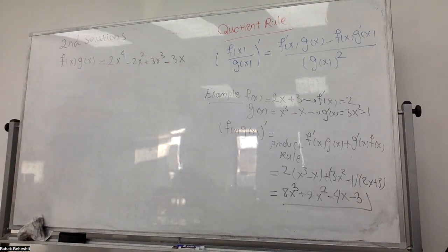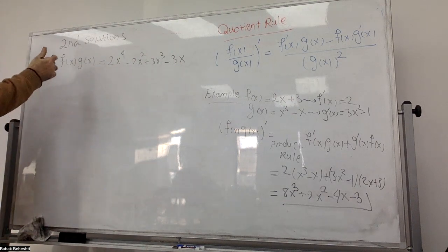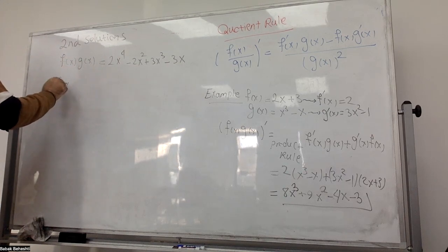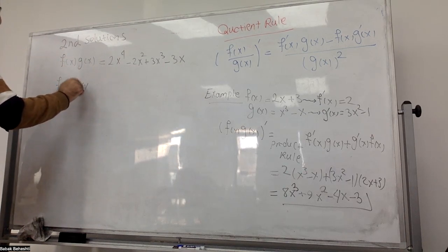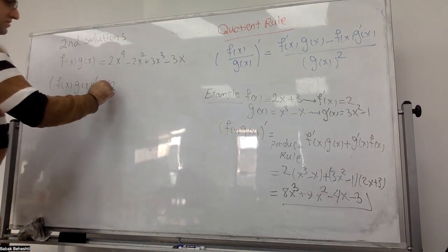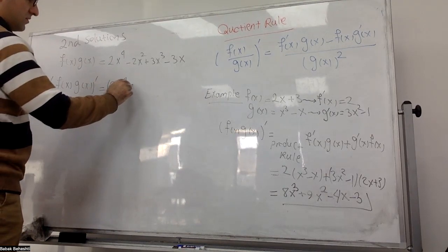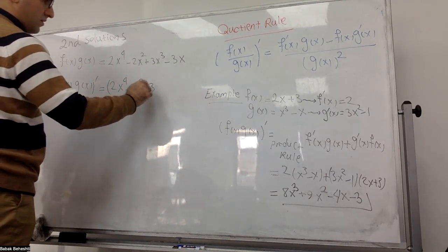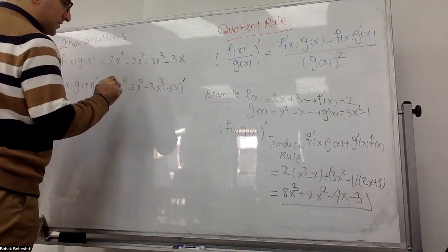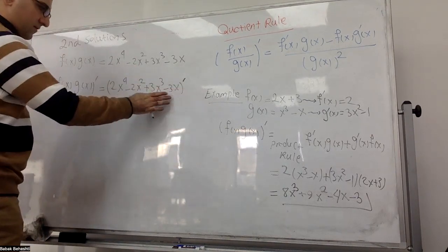Right? If you multiply, just multiply f by g. So now you can take the derivative just after multiplication. So f of x times g of x, the derivative would be equal to the derivative of this guy.